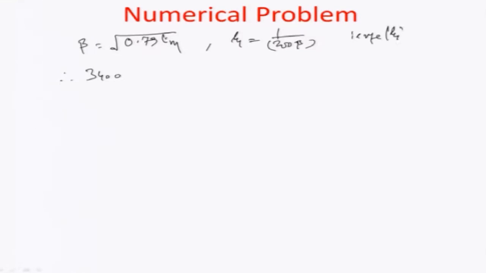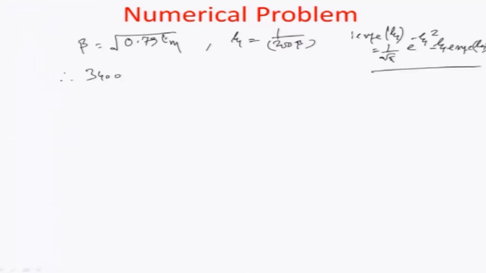So in summary, beta has been estimated as root of 0.79 times the machining time Tm, and zeta, the new parameter here, is 1 by 200 beta. And we can write down this equation if, as you already know, the error function of the third kind of a parameter zeta can be represented as 1 by root of pi e to the power of minus zeta square minus zeta times error function of zeta.